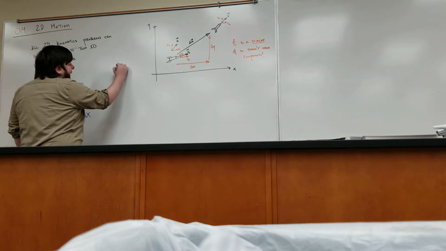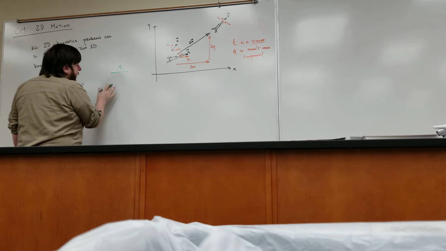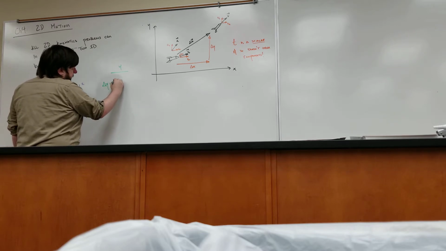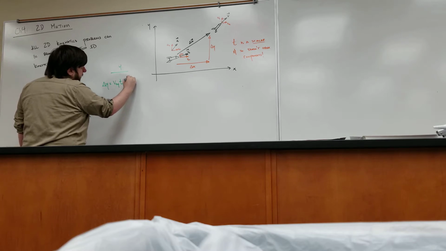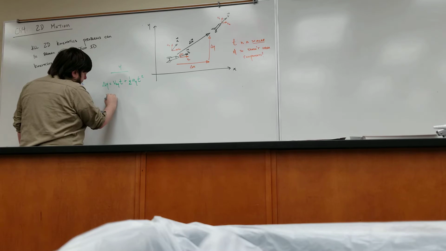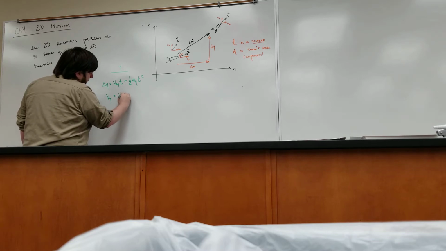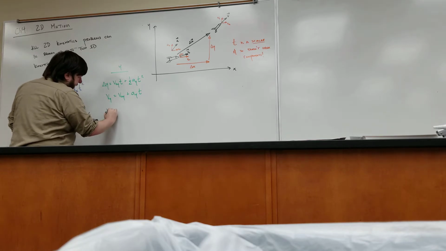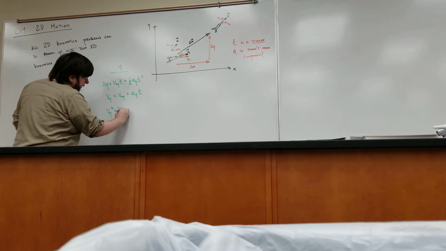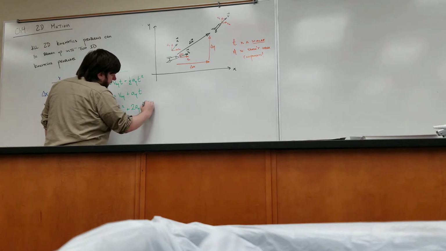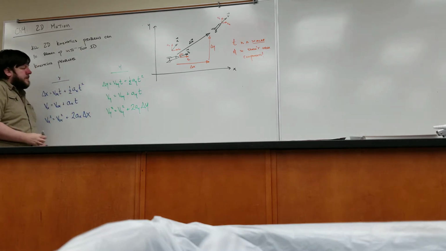Okay? And then I have an identical set of equations in the y direction. That delta y is v naught y t plus 1/2 a_y t squared. v_y is v naught y plus a_y t, and v_y squared is v naught y squared plus 2 a_y delta y.